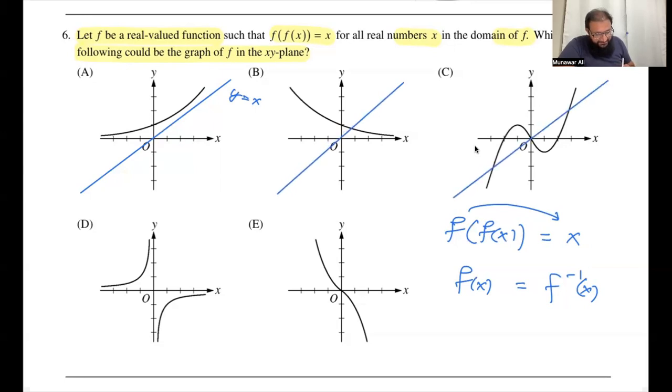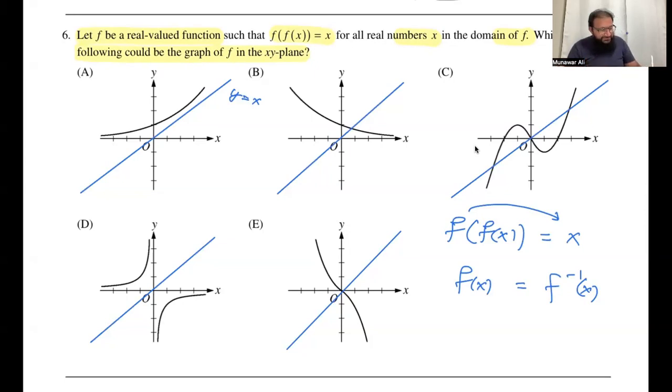Similarly, y is equal to x, and y is equal to x, and here y is equal to x. Now you have to see which graph is some sort of reflection of itself along this line y is equal to x.